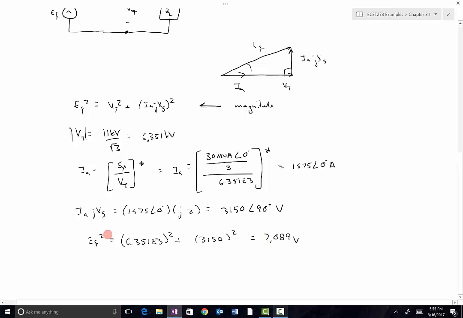Oh, sorry, I already took the square root of that value, so we'll just manipulate that. There we go. So 7,089 volts is the excitation voltage for this.